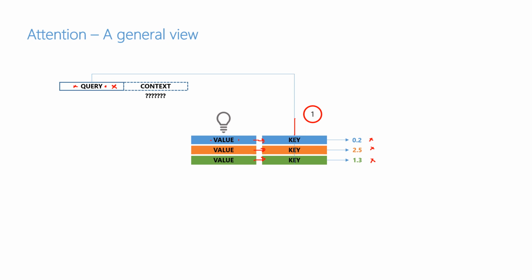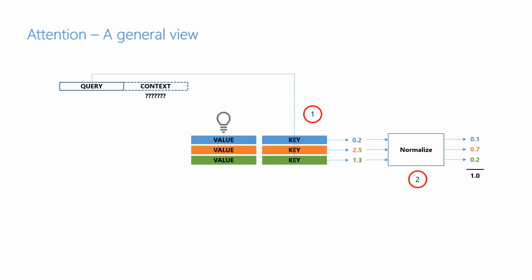So how much of this value should we go take and use to build our context. And here in the example, we see that the first one is not very relevant, the second one is the most important, and also the third is fairly meaningful.